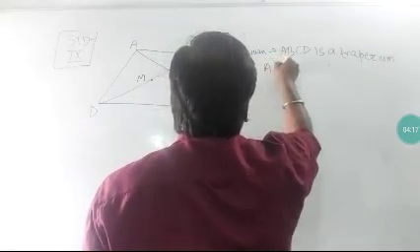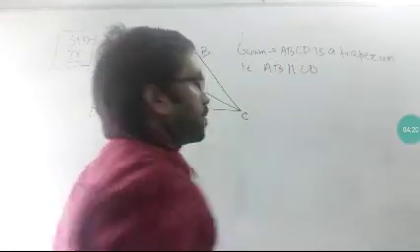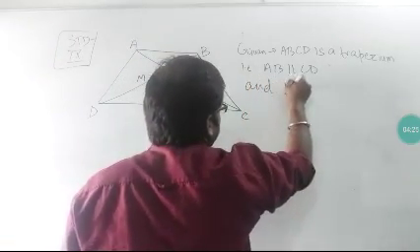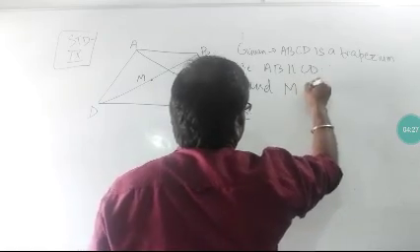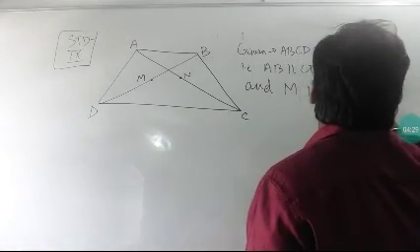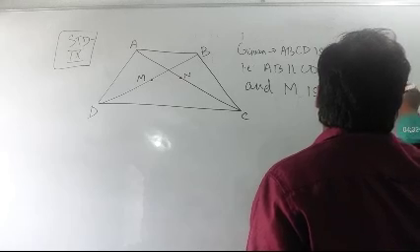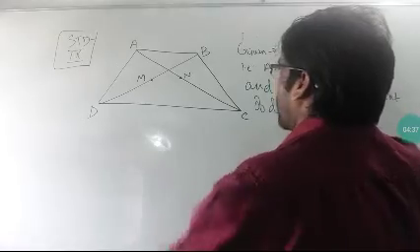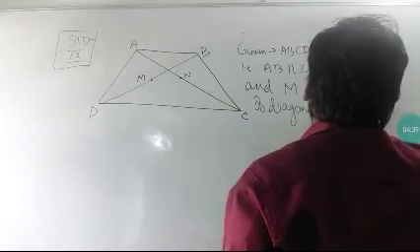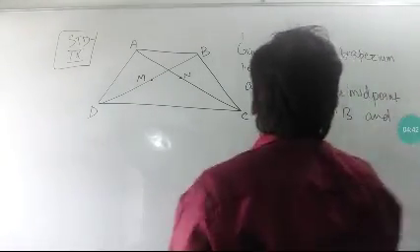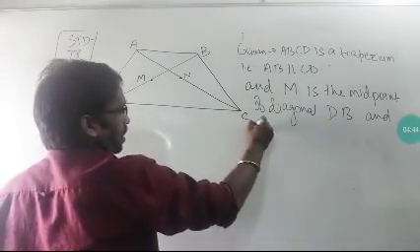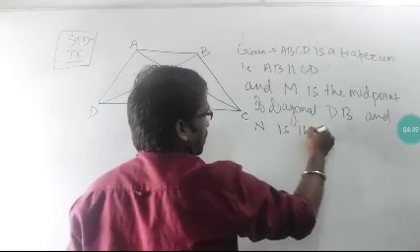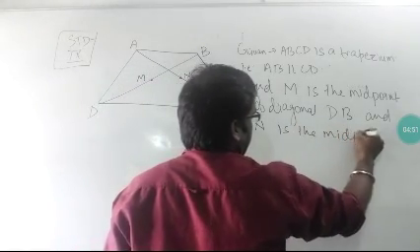ABCD is a trapezium, obviously AB is parallel to CD. We know this also, there is one pair of parallel lines. M is the midpoint of diagonal DB, and N is the midpoint of diagonal AC. Okay, so what is given, you make a habit of writing in your copy, and this is the way to solve the questions here.